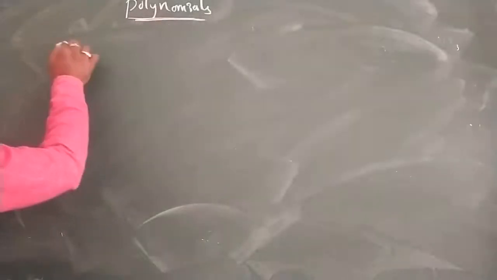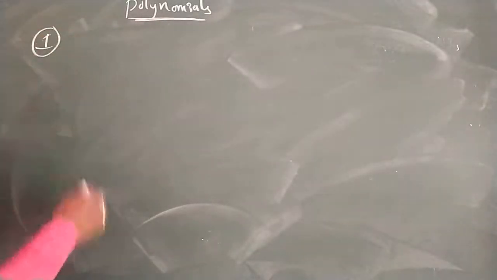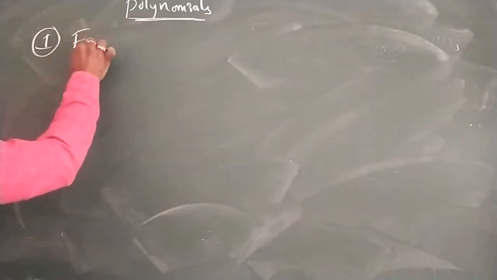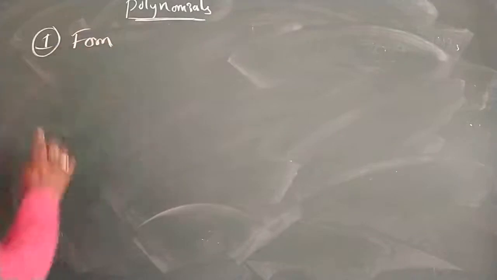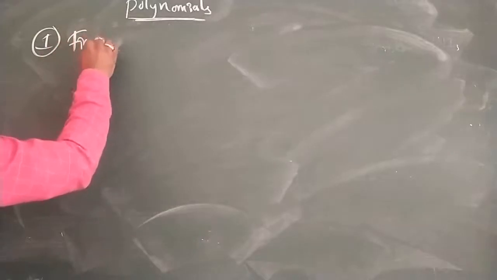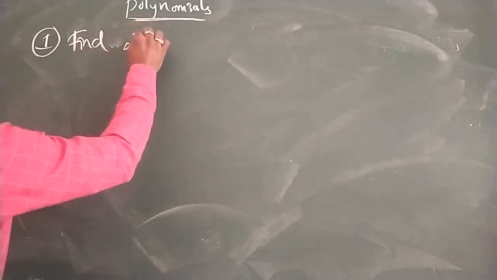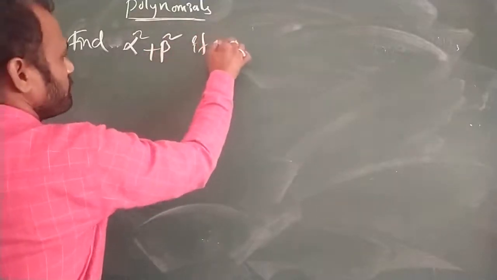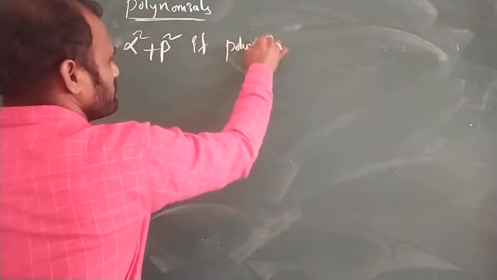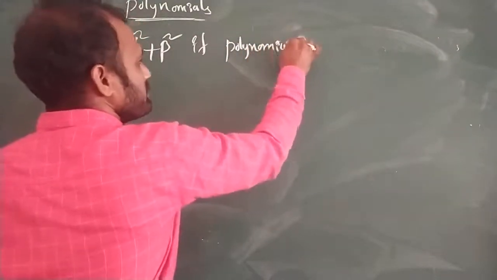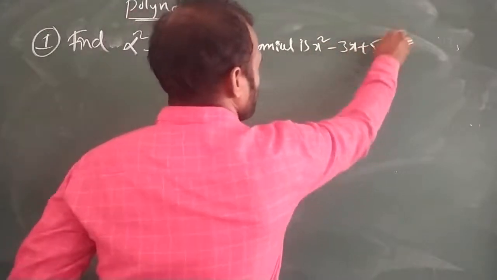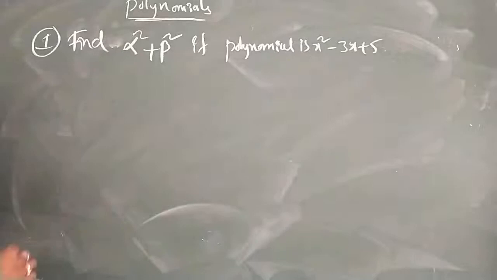Next, let us see one question. So the overall chapter will be covered with some questions here. Find alpha square plus beta square if the polynomial is x square minus 3x plus 5.